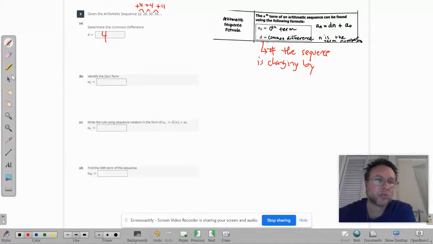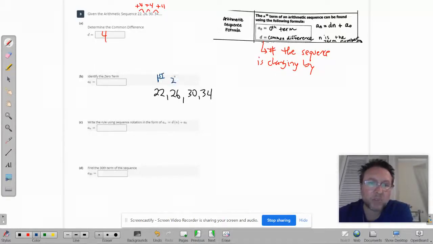What we want to be able to do is count backwards to the 0 term, because if I take these numbers, 22, 26, 30, and then 34, this represents the first number, this represents the second number, this represents the third, this is the fourth number.